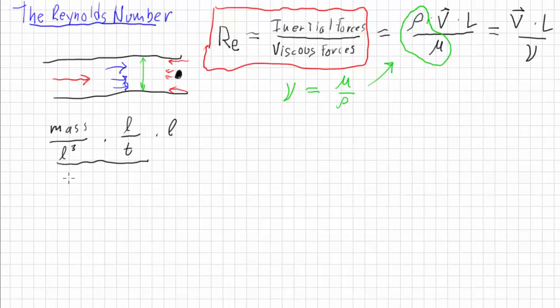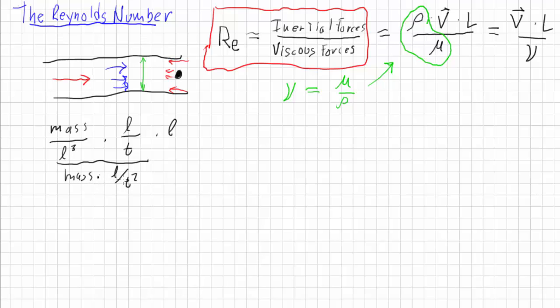Oof. Okay, so stress is a force over an area. And so a force is a mass times acceleration. Acceleration is length per time squared.